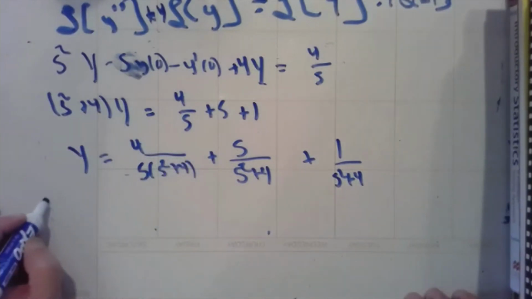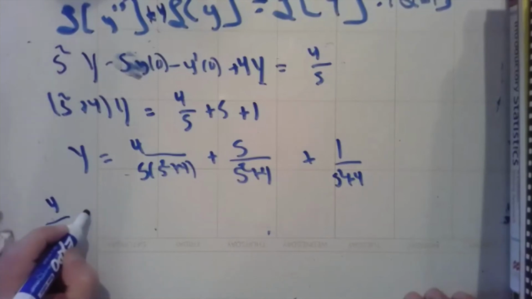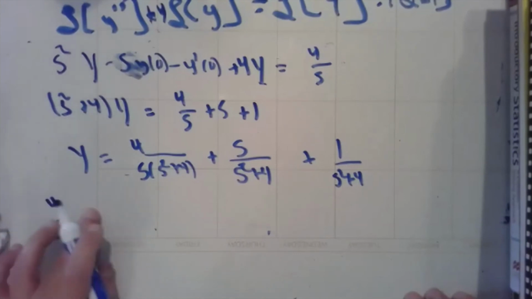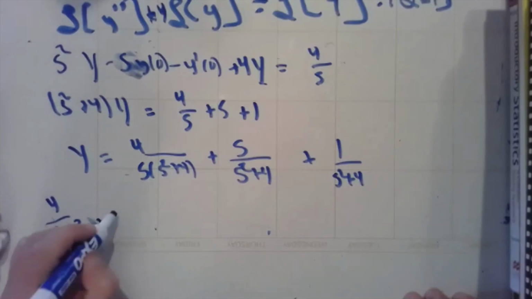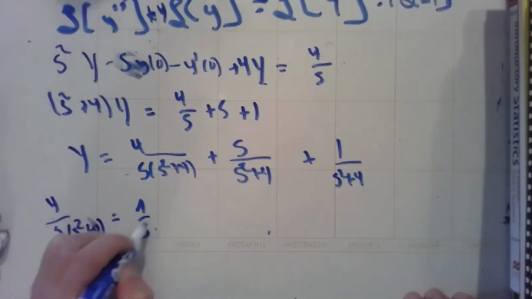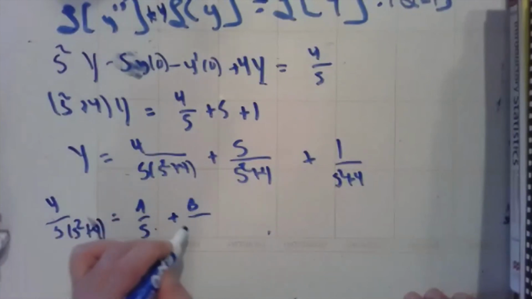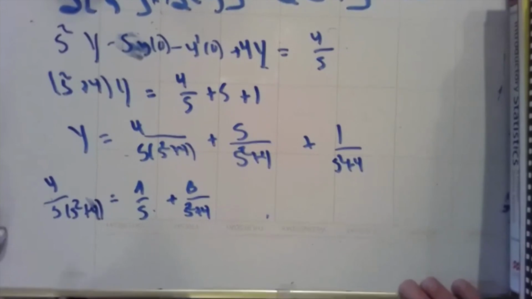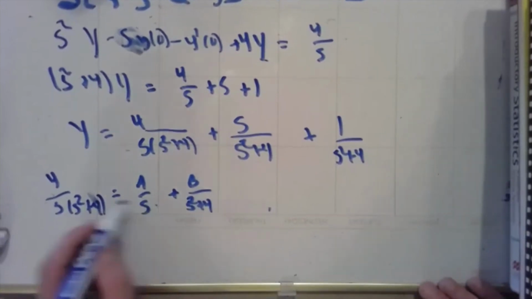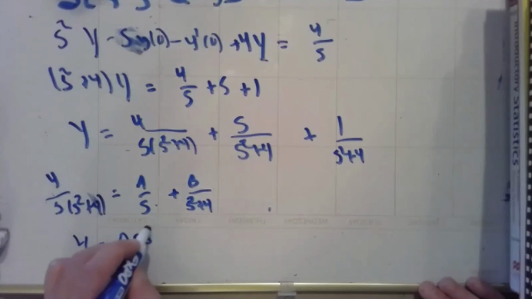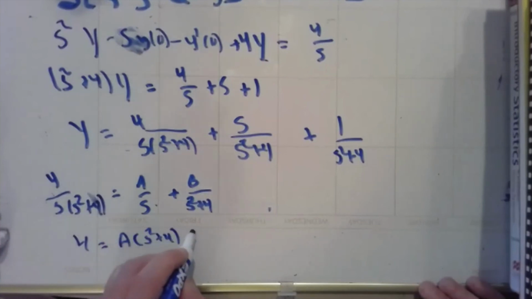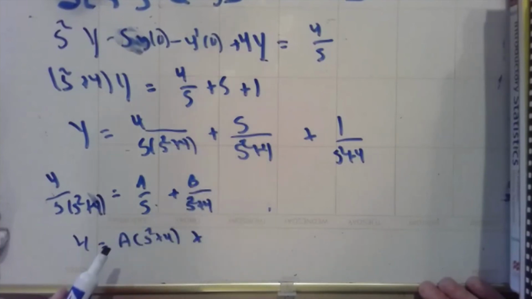So I want to split 4 over s times s squared plus 4 into A over s plus B over s squared plus 4. So we get 4 is A times s squared plus 4 plus B. Oh, wait, no, that's not going to work.